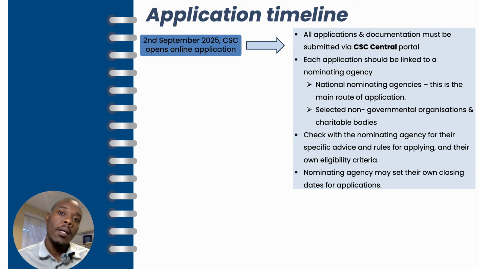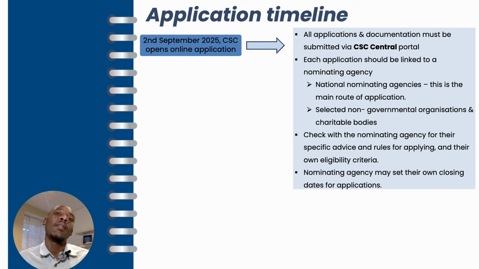And this brings me to the next point, that you cannot apply without considering what we call a nominating agency. All the Commonwealth scholarships should pass through a nominating agency.